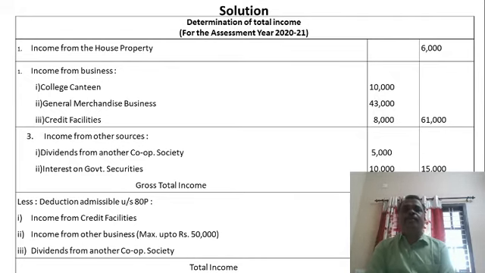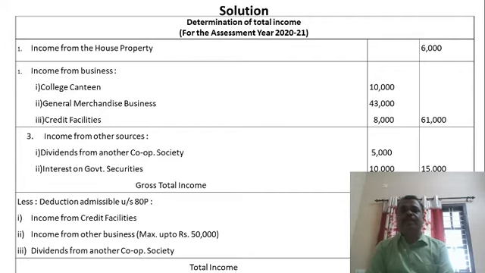Next, usually under section 45, income from capital gain. In this problem, long-term capital gain and short-term capital gain are not given. So we will move to income from other sources. Under income from other sources, first is the dividend from another cooperative society. The cooperative society purchased shares from another cooperative society. Whatever dividend is received from the cooperative society is taxable under the head income from other sources, but the cooperative society will get exemption under section 80P.